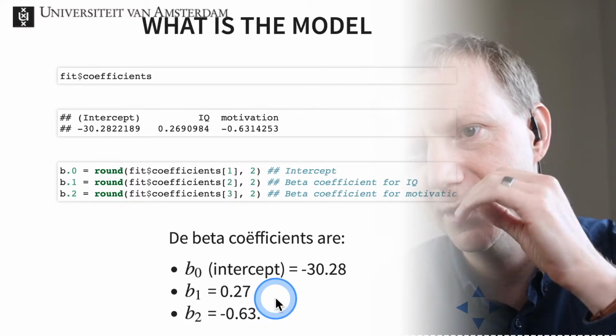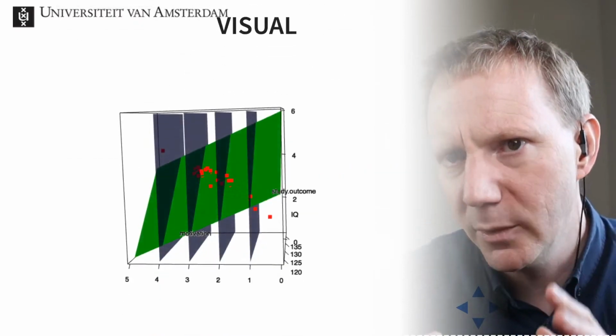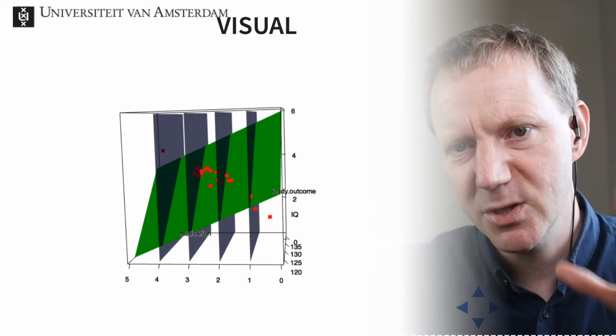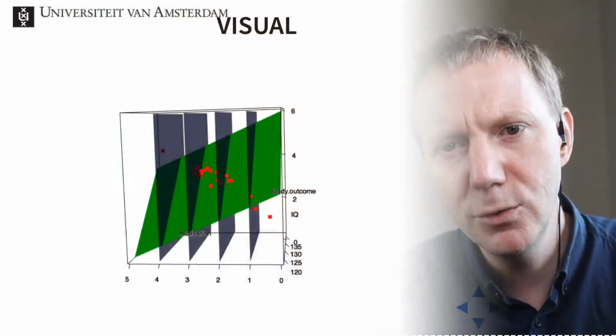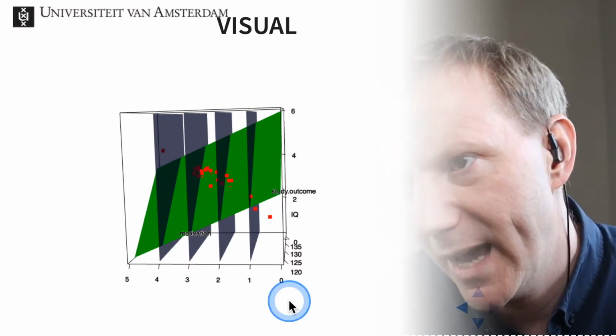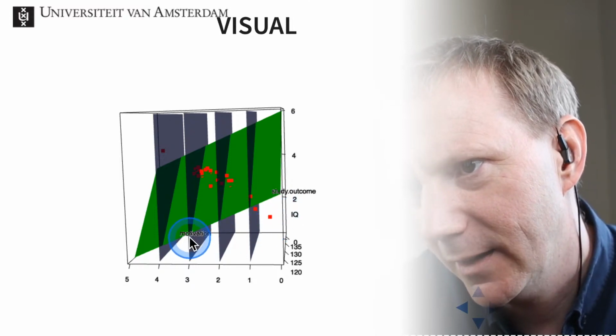regression analysis, which tries to find an optimal fit of the regression plane in this case, because we've been talking about regression up until now always about one line, but because now we have two predictor variables, we can create a regression plane because we have a study outcome which we want to predict based on IQ and motivation.